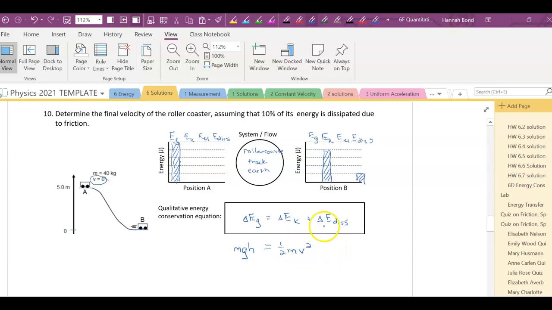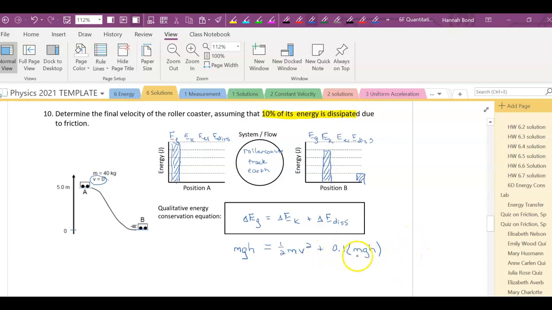Now, I'm not going to put the formula for calculating dissipated energy because they're telling me that 10% of the energy is dissipated. The original energy was the gravitational energy. And so I'm going to say plus 10% or 0.1 of mgh. 10% of that original gravitational potential energy is dissipated.